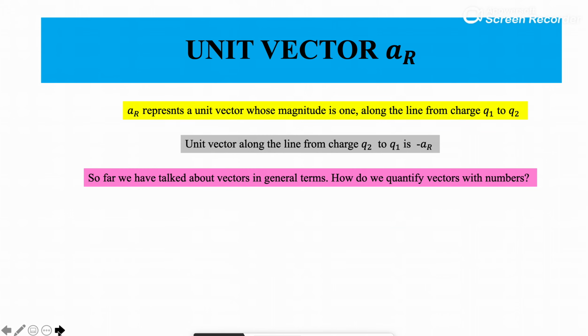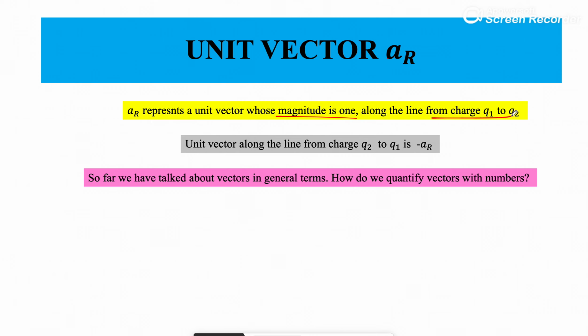Now this is again a vector quantity, representing a unit vector aR whose magnitude is 1 along the line from Q1 to Q2.